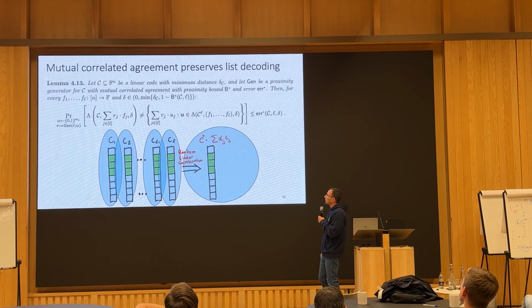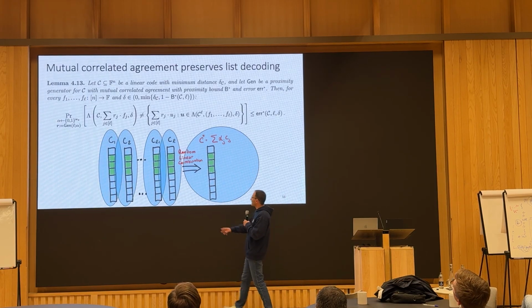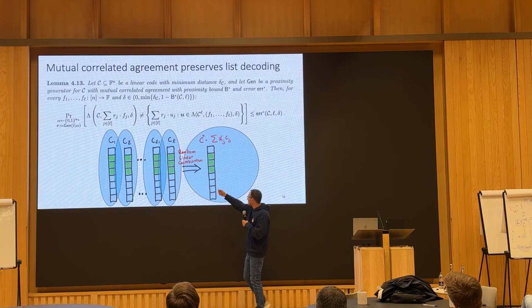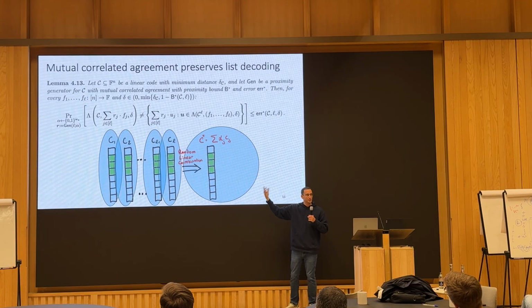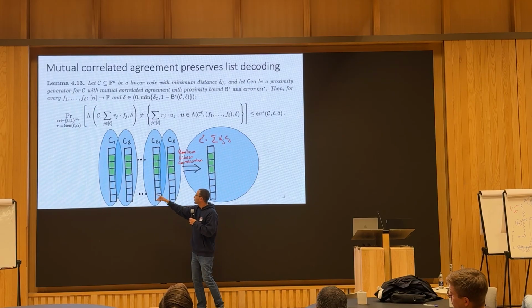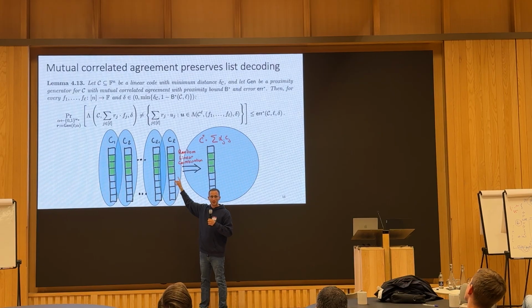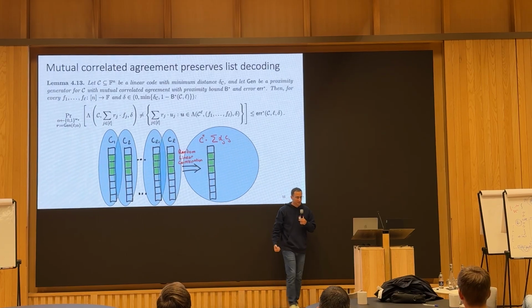Now what the lemma says is that if you take a random linear combination and do this decoding, you're going to get the same set of polynomials as if you first took the list decoding of the C_i's and then did the random linear combination.